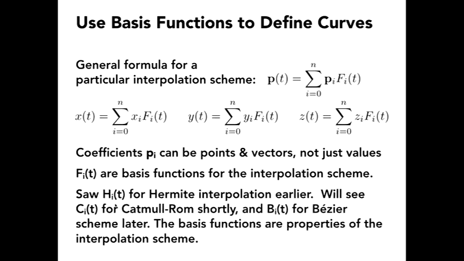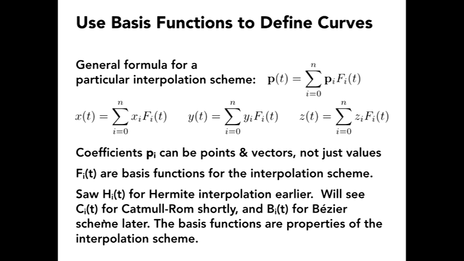So we saw that h sub i of t a few slides ago were those specific cubic polynomials for the Hermite interpolation, and they emerged from the definition of the input values, positions, and tangents through this algebraic polynomial derivation and this matrix inversion to get exactly what those coefficients were.